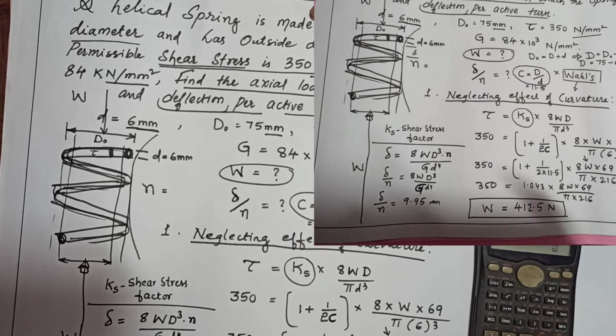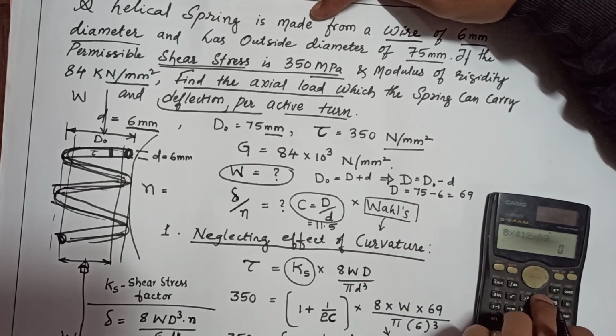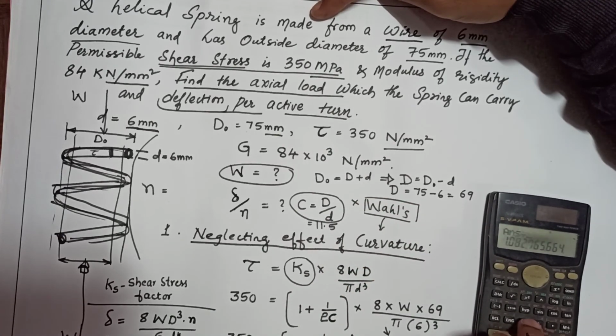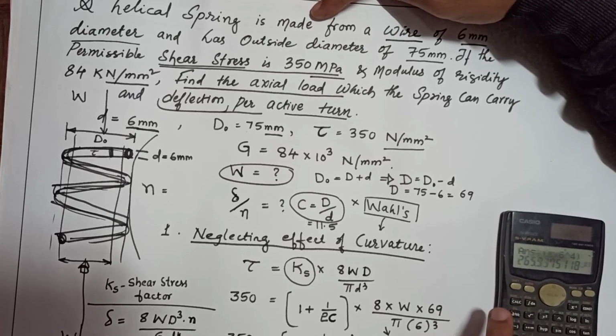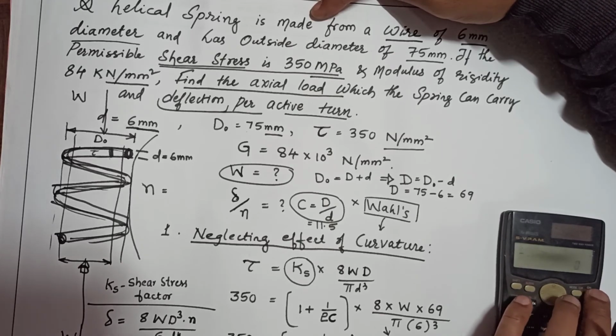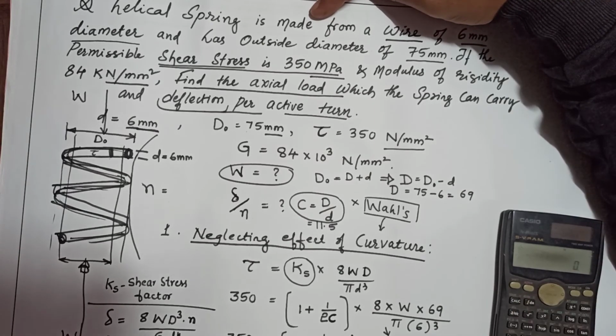So we are getting a higher value. Okay, so it should be G here.